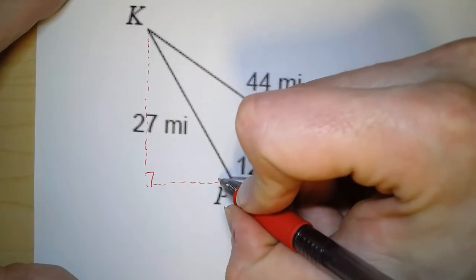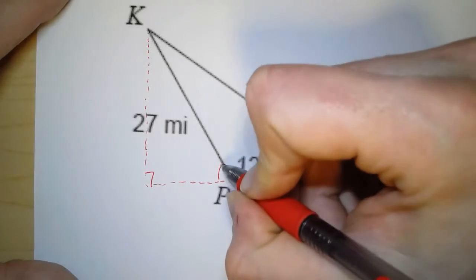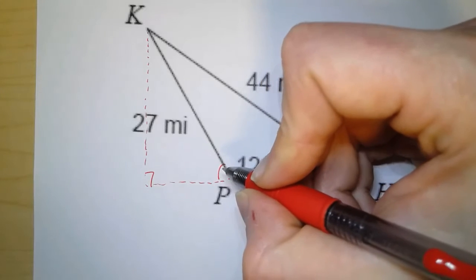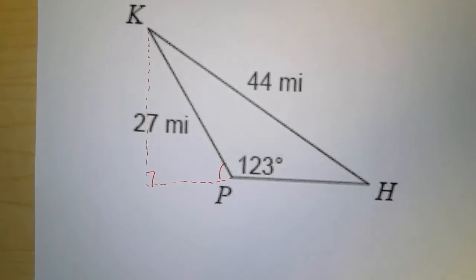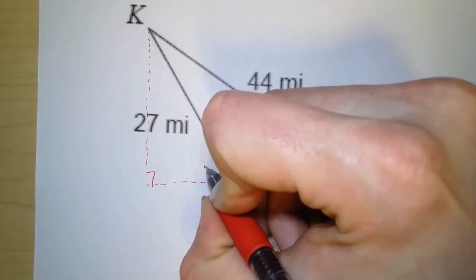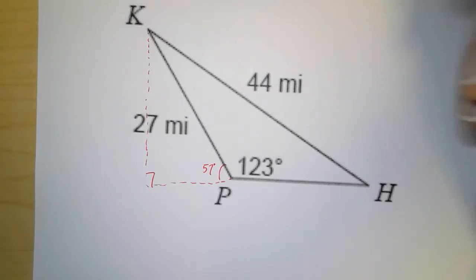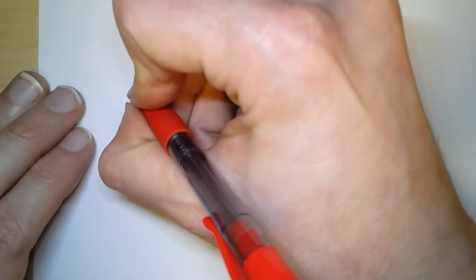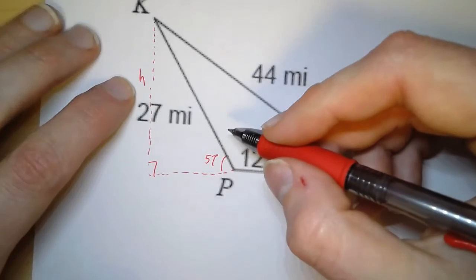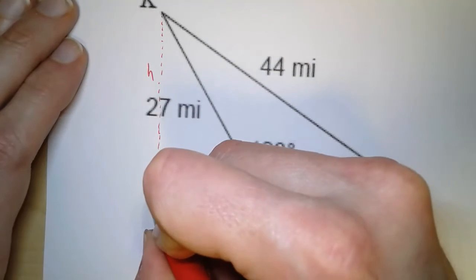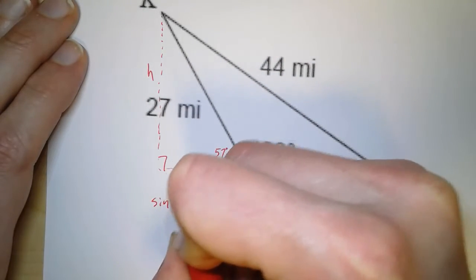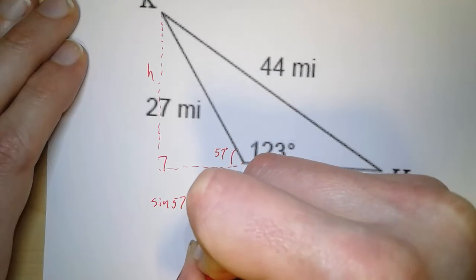Now, this angle is 123. So what is this? Well, it's the supplement. So when we subtract 180 minus 123, we get 57 degrees. And so to find our height, we're going to write this as sine of 57 degrees equals h over 27.